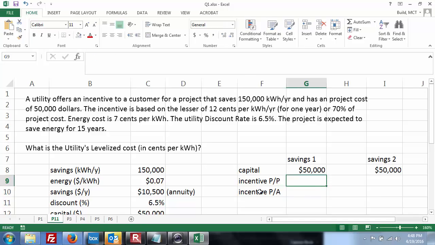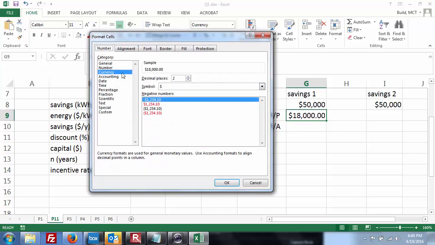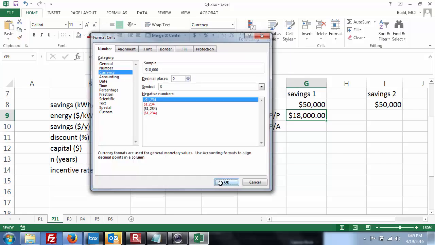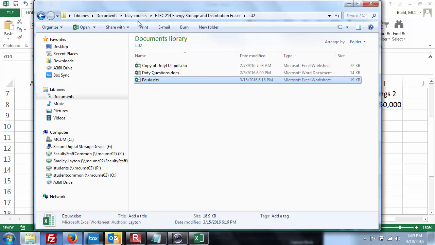So PP just equals the kilowatt hour per year savings times 12 cents. I've got to find that function.